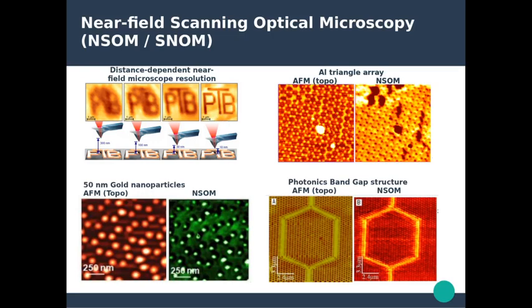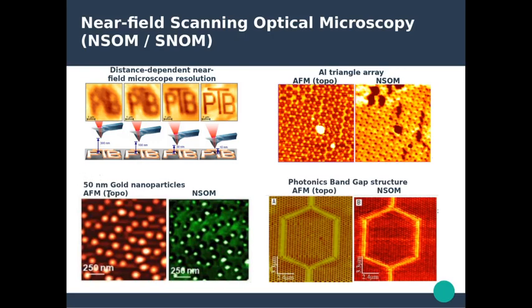And there's a comparison between topographic AFM images and near-field optical microscopy images for different systems, nanoparticle arrays or random nanoparticles that are 50 nanometers in size. You have to remember that 50 nanometer gold nanoparticles are way below the diffraction limit of lambda over 2.